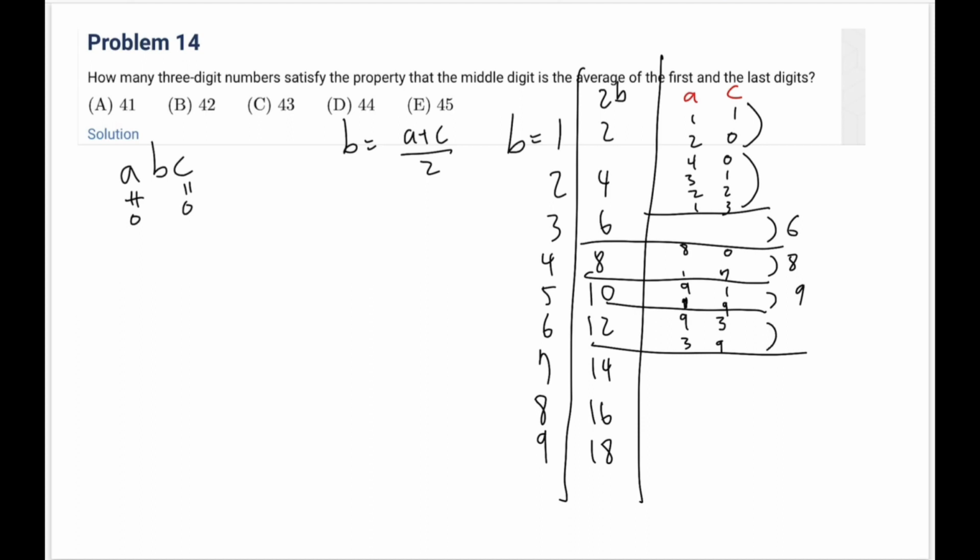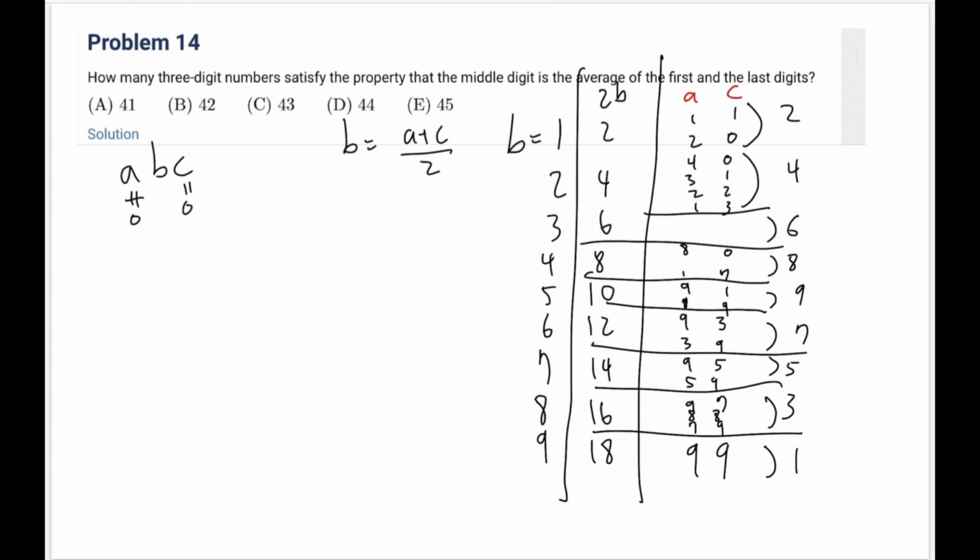So this would be 3 4 5 6 7 8 9, 7 numbers. 14, this would be 9 5 to 5 9. So this is 5 6 7 8 9, 5 numbers. 16, this will be 9 7 to 7 9. So there's just 8 8 in the middle. There are 3 numbers. 18, the only way that this could be is 9 and 9. So this would be only one way.